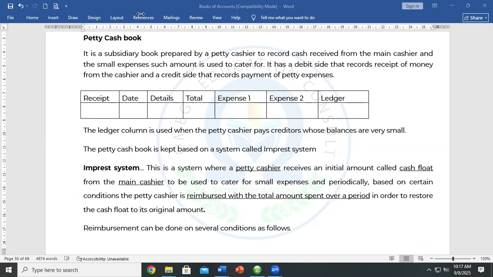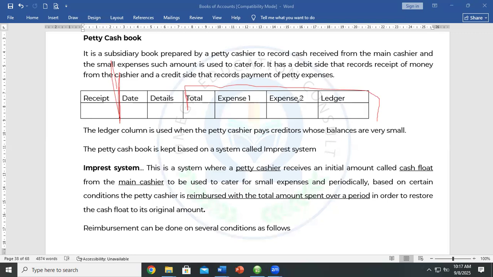Now let's look at the format of the petty cash book. It has a debit side and a credit side. Professors, the debit side is just the receipt column, as you see here. As usual, you have your date and details. Now the date and details run through for the debit side and the credit side. Your credit side is from this point, that's the total column to the expenses column.